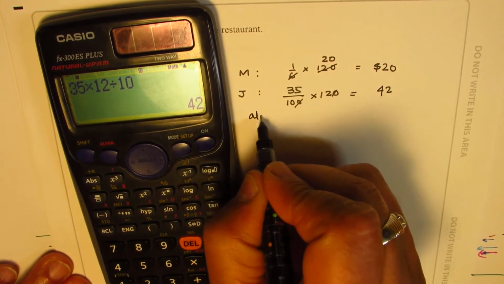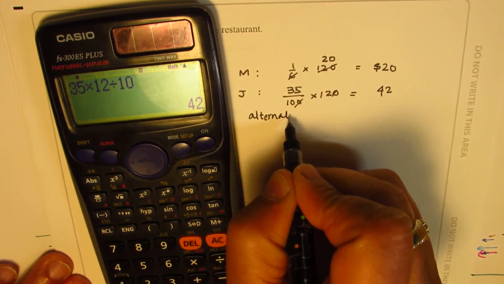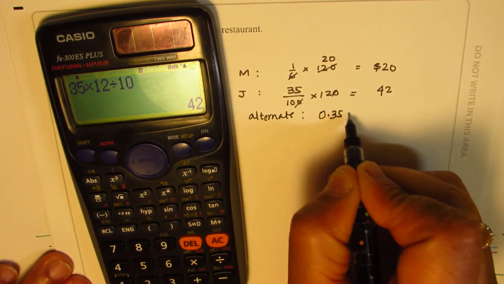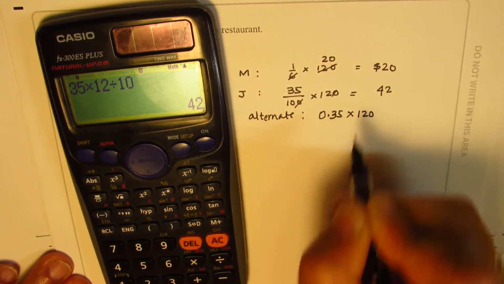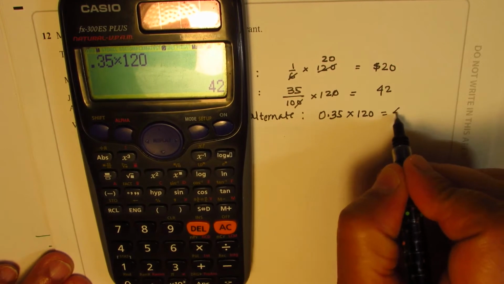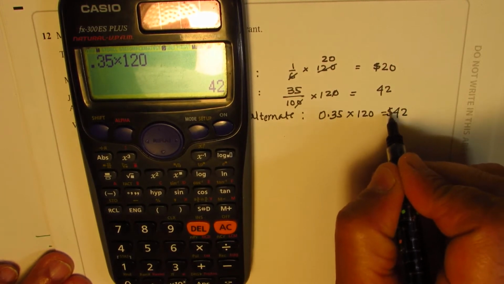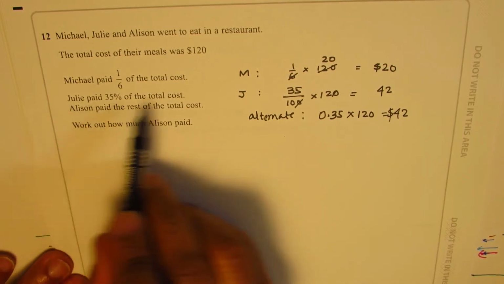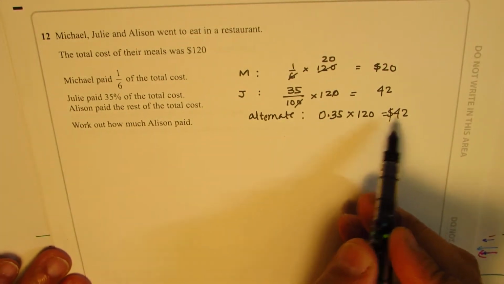Now the alternate would be, we could do 35% as 0.35 times 120. Correct? So let's do it like that also. 0.35 times 120 is equal to the same amount, which is $42, right? So the amount paid by Julie was $42.